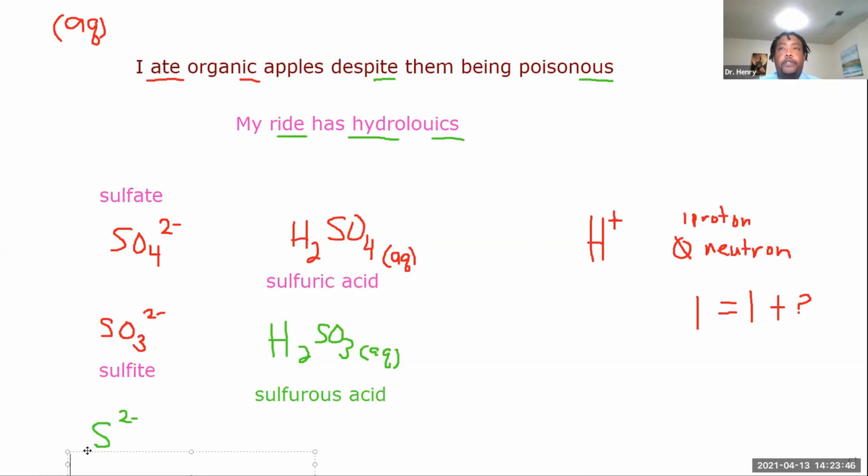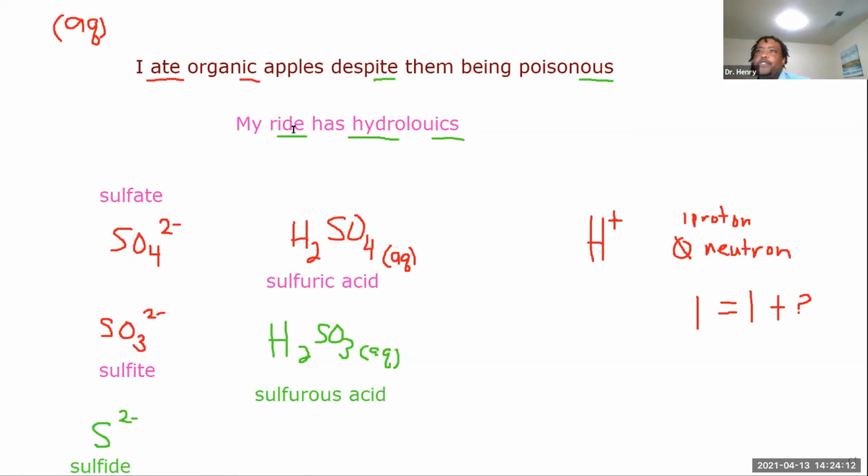S2 minus is just called sulfur, but in a compound we call it sulfide.